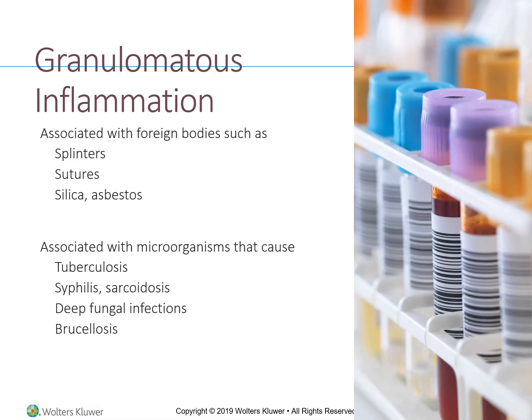Granulomatous inflammation is a distinctive type of chronic inflammation that we often see in lung tissue as a reaction to foreign substances or infections. It's a reaction to substances that aren't easily controlled by other mechanisms.